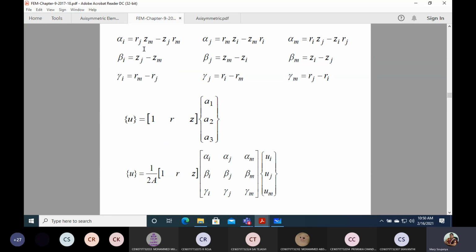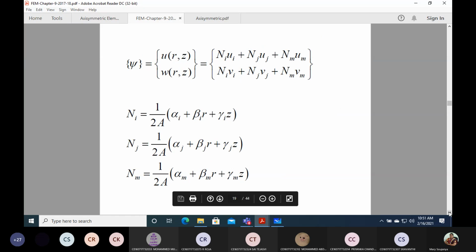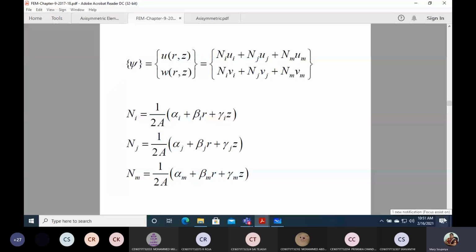The same terms you would have seen in the CST element also. This is the adjoint matrix, divided by det J. Det J, the determinant of the matrix, will become the area of the triangle. So these are the shape functions for the axisymmetric ring element with triangular cross section.